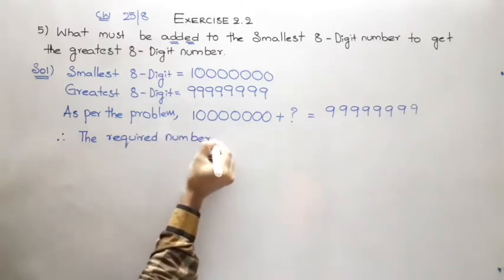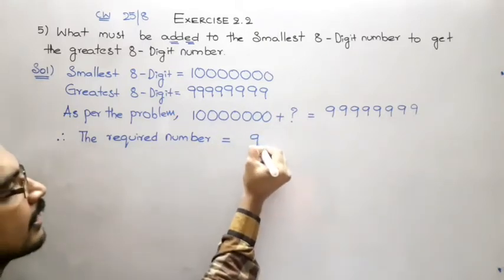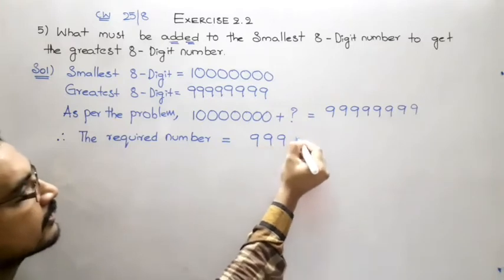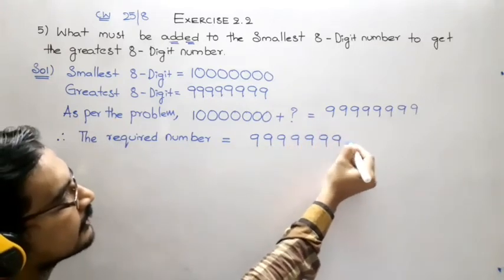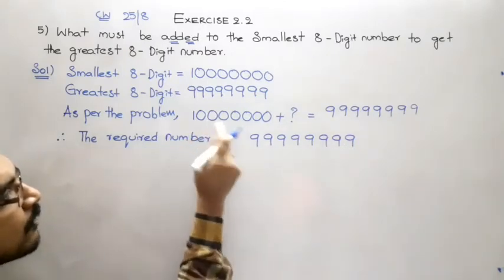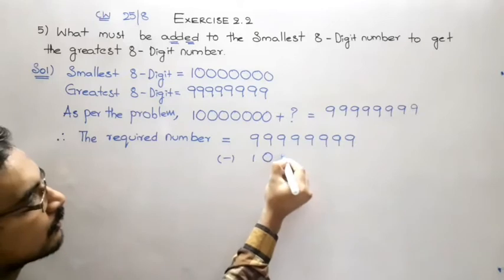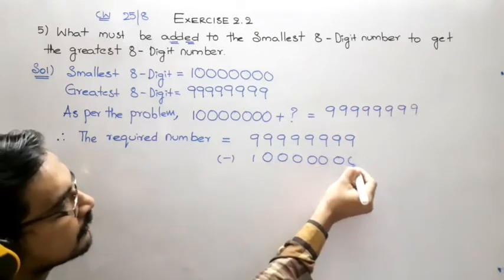is equal to the greatest 8-digit number, 9, 9, 9, 9, 9, 9, 9, 9, minus the smallest 8-digit number, 0, 0, 0, 0, 0, 0, 0, 0.